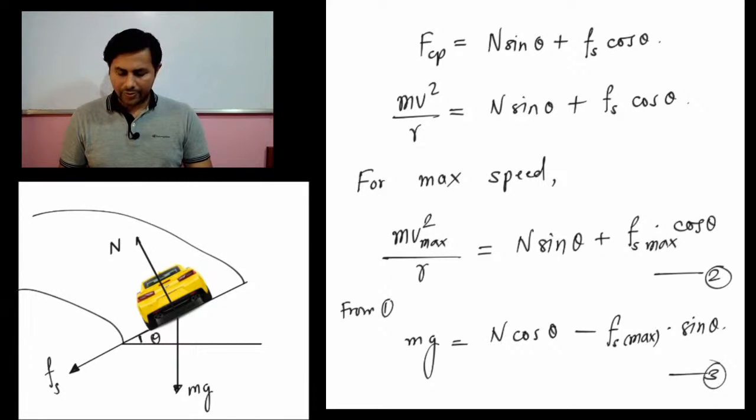Then we know what Fs max is. It is just mu s multiplied by the normal reaction. So let's substitute that in equations 2 and 3.